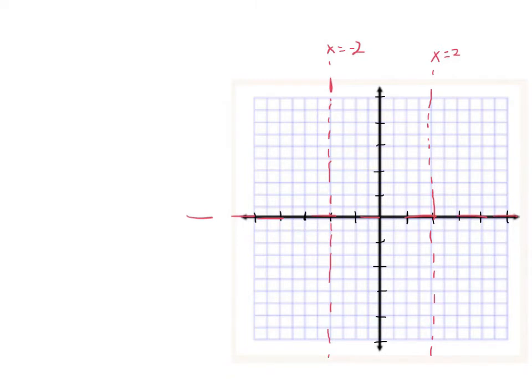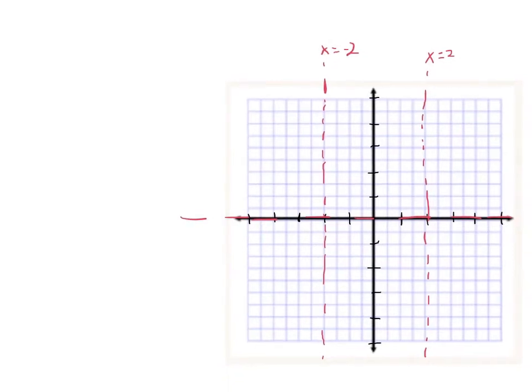At -5, we're at -0.28. And then at -4, we're at -0.42, then -0.8. And you can see from your graphing calculator that the graph on this side travels something like that.